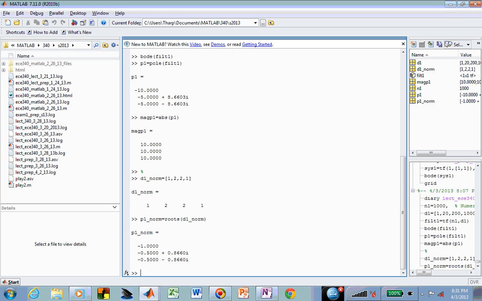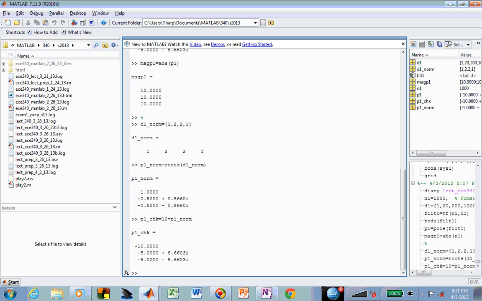Once we have those poles, we can find our denormalized, or frequency scaled, poles by simply multiplying those normalized poles by whatever scaling factor we want. In this case, we wanted to put them at 10, so if we multiply P1 norm by 10, we end up with the poles where we want them.